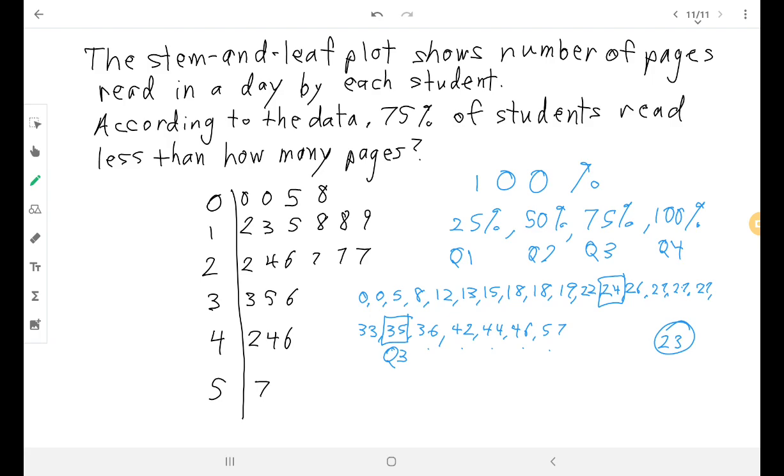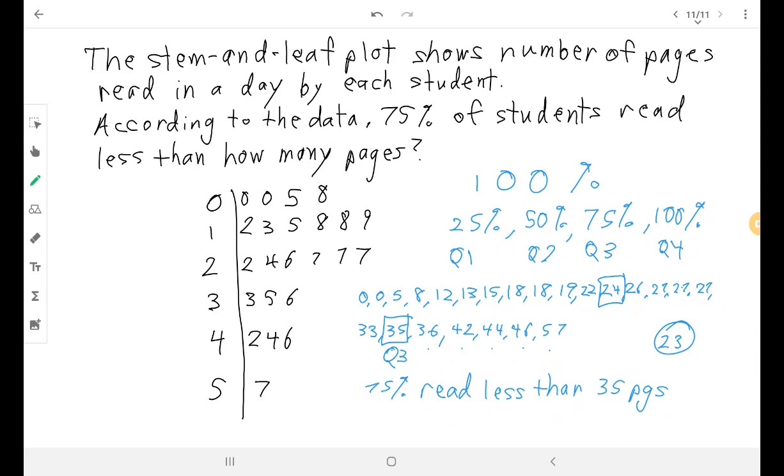So according to the data, 75% of students read less than 35 pages.